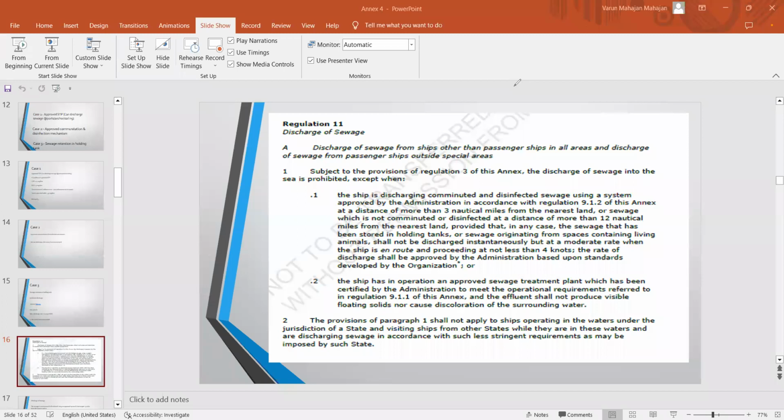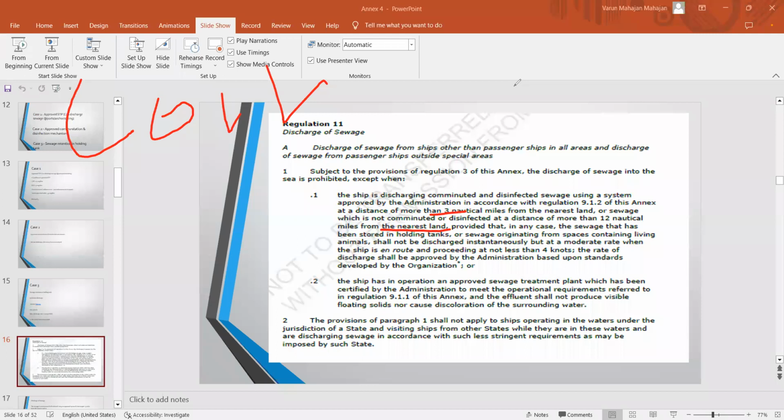Comminuted and disinfected. That was case 2, right? And what about the sewage which is not comminuted and disinfected? Distance from shore is 12 nautical miles. Yes, very good. Then we can discharge the sewage at more than 12 nautical miles from the nearest land.